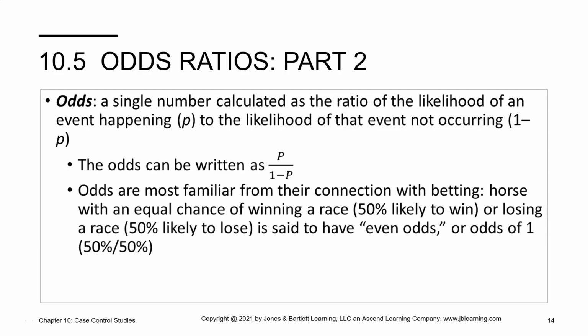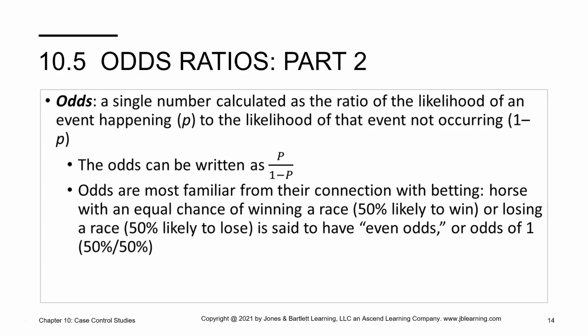Then Jacobsen also includes in this set of slides some definitions that go with some of the calculations for these topics. The odds is a single number calculated as a ratio of the likelihood of an event happening, that's our P on the top, compared to the likelihood that it won't happen.